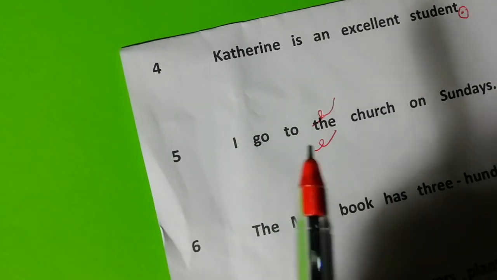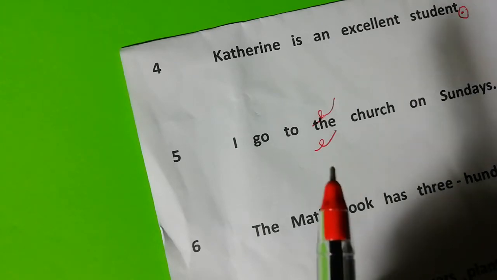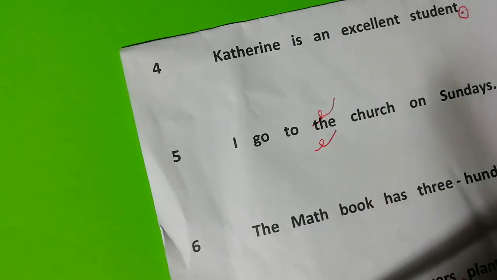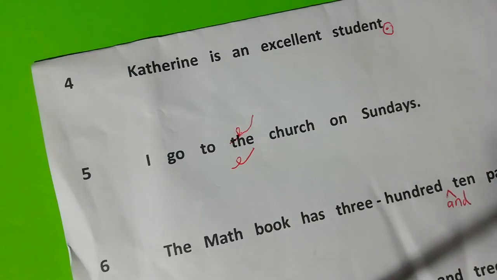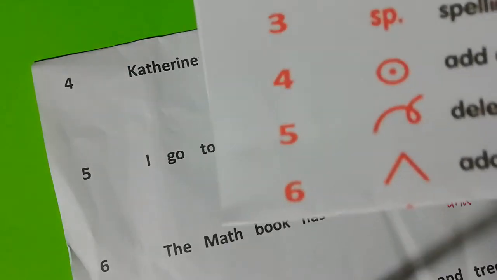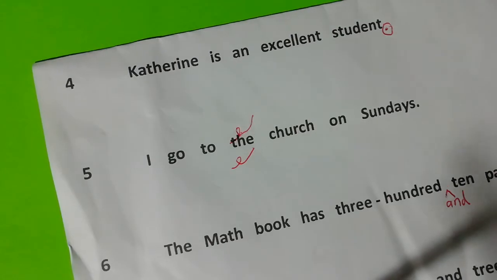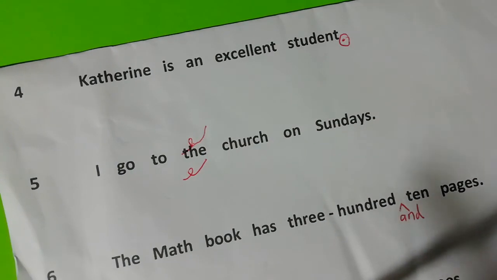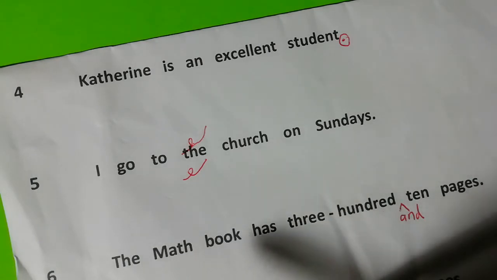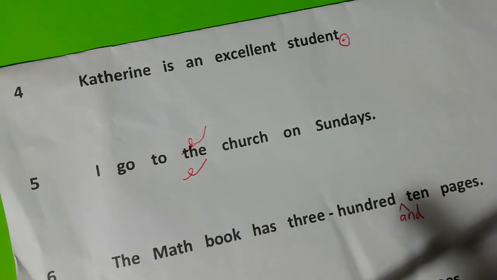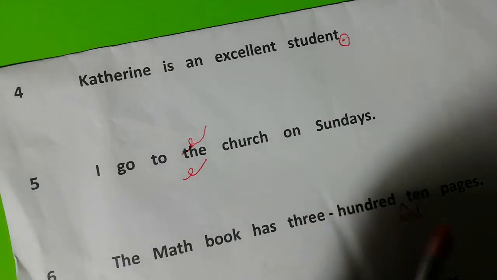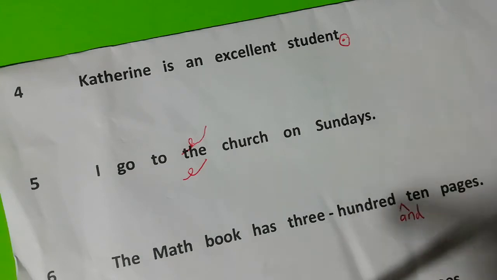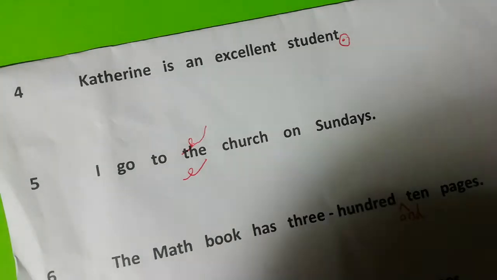You say I go to church on Sundays. Okay. Moving on to the next example, number 6, adding a word. Sometimes sentences happen to miss words. The math book has 310 pages. 300 and, so you're going to insert with that symbol and 10 pages.